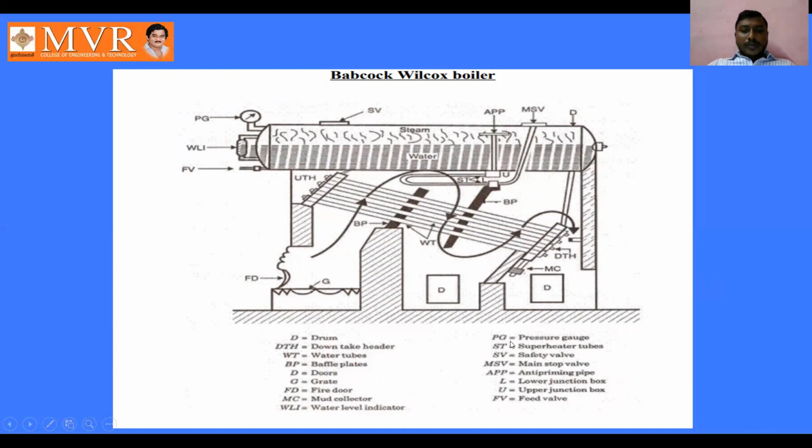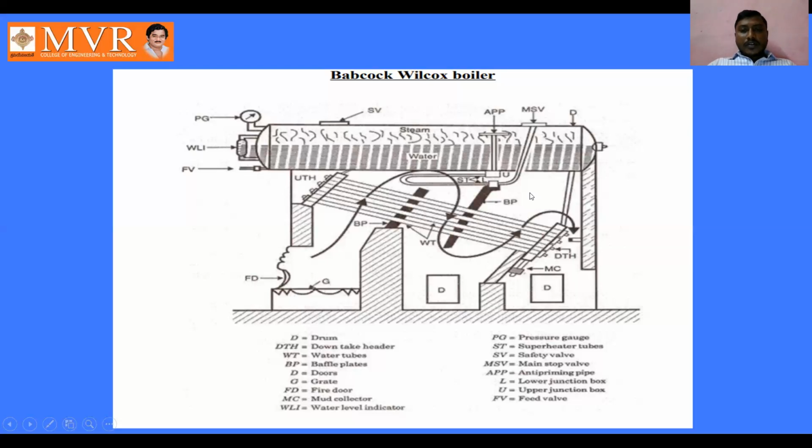And coming to the PG, the pressure gauge represents the steam pressure, and ST represents the superheater tubes. We have superheater tubes here, and SV represents the safety valve.